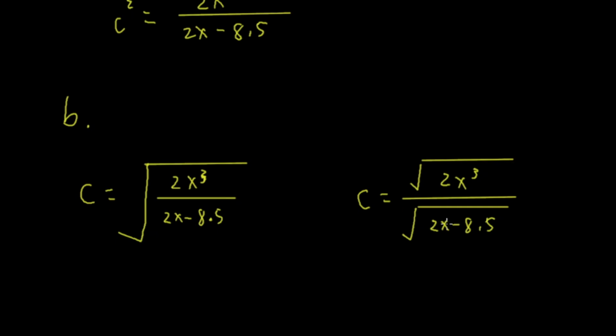But here, the second one, we have to look at this individually. The number under the square root cannot be less than 0, right? So the number under the square root cannot be negative because we're not talking about complex numbers here. Now in that case, x here can be 0 because it's a numerator, but it cannot be negative.